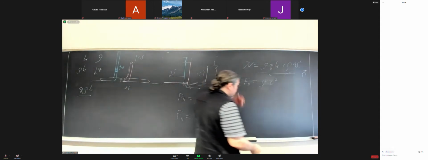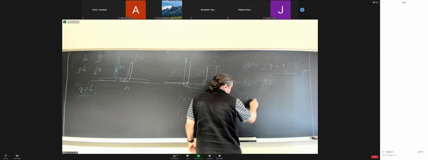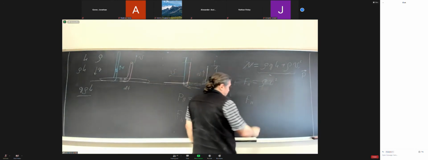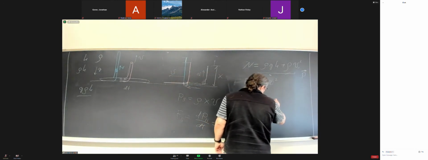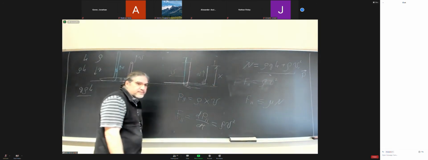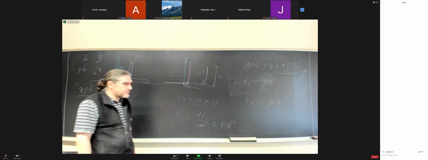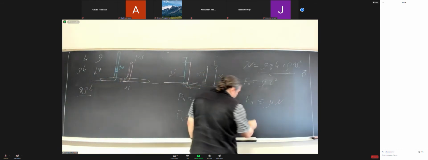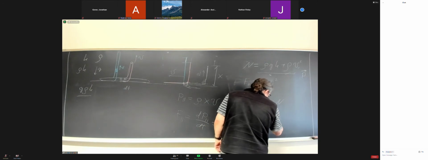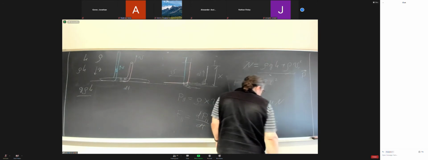But we also know that force must be smaller or equal to mu N by definition of coefficient of friction. So it means that mu must be larger or equal to F parallel divided by N.